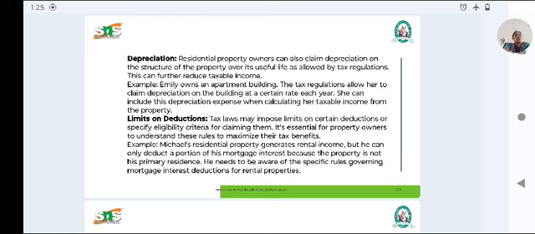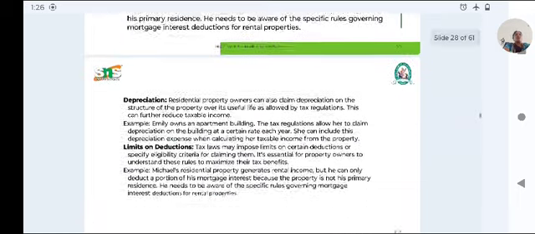For example, Sam's residential property generates rental income, but he can only deduct a portion of his mortgage interest because the property is not his primary residence. He needs to be aware of the specific rules governing the mortgage interest deductions on the rental property.